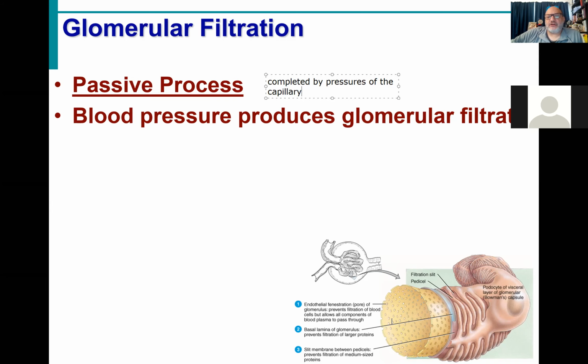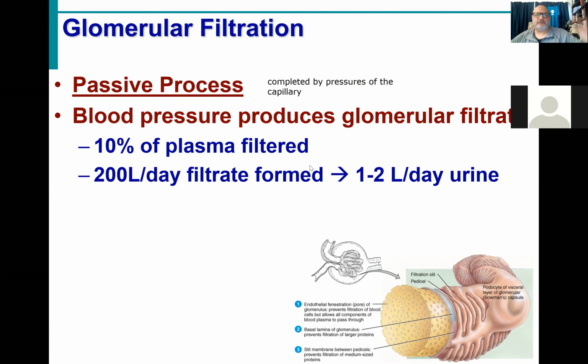And that blood pressure is going to be what forces the filtrate out. As the blood passes through the glomerulus, about 10% of the plasma comes out as it passes through. So like I said, during the course of the day, that produces about 200 liters of filtrate, which we then reabsorb over 99% of to make those 1 to 2 liters of urine during the course of the day.